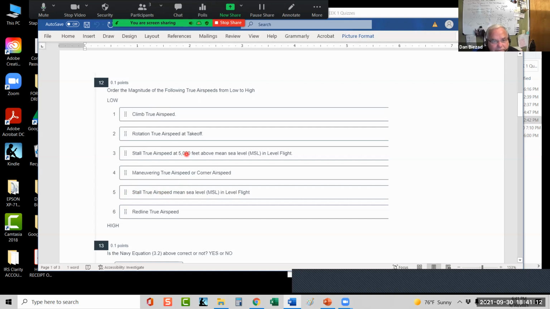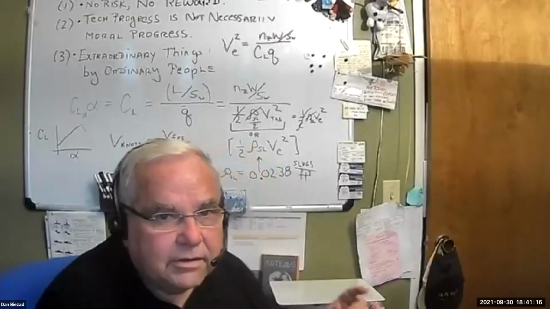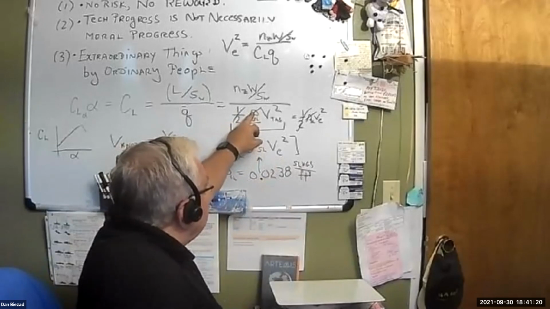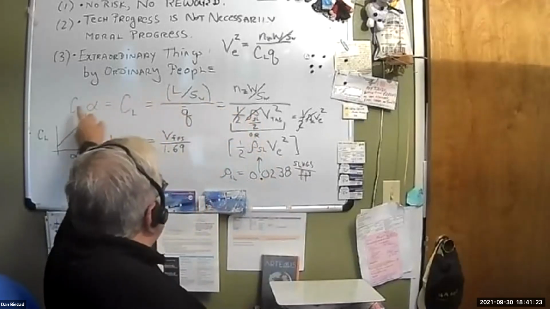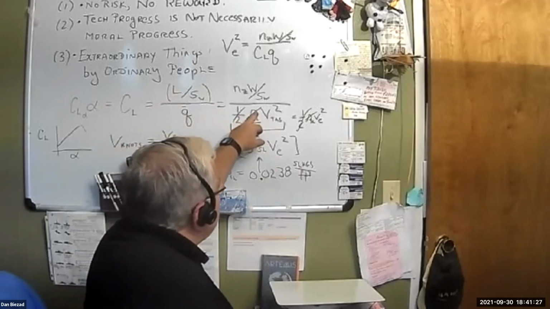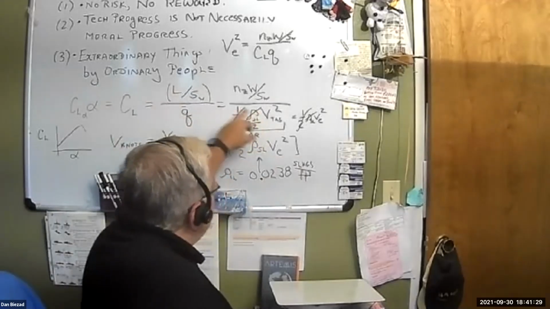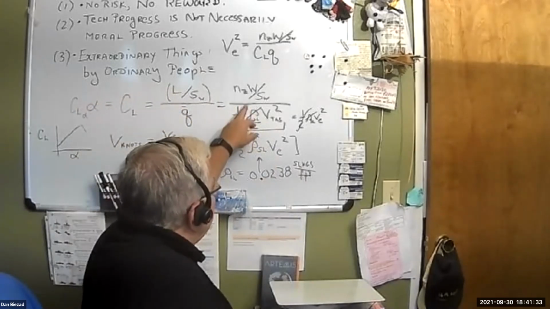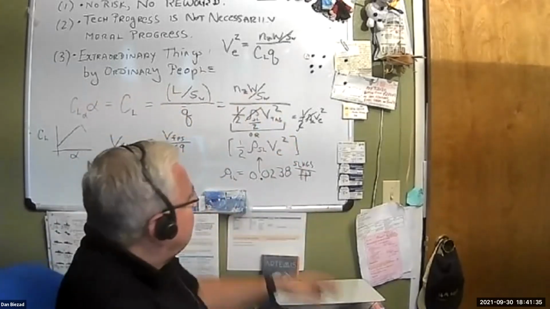And then at 5,000 feet, again, if you look at the equation behind me, if rho is in here, CL max is going to go up. If that number goes down, to keep CL max the same, the weight must go down as well.